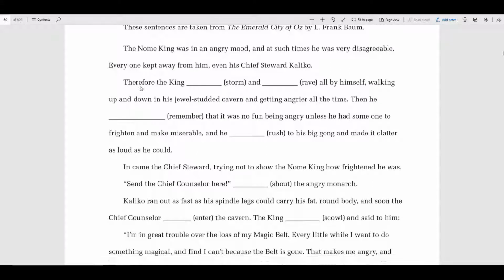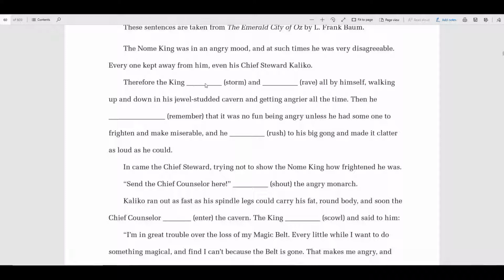All right, so here we go. The Gnome King was in an angry mood, and at such times he was very disagreeable. Everyone kept away from him, even his chief steward, Calico. Therefore, the king, you're going to take this and form it into past tense. Stormed. You're just going to add an ed.